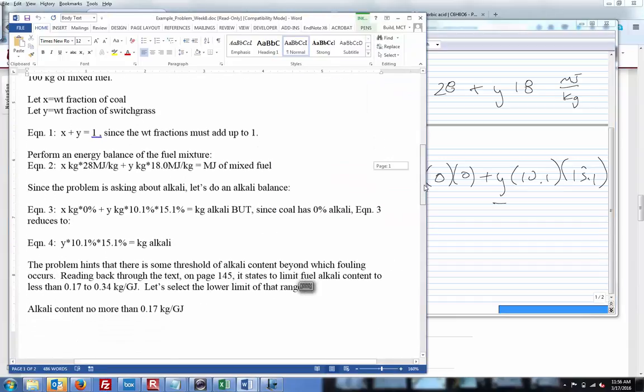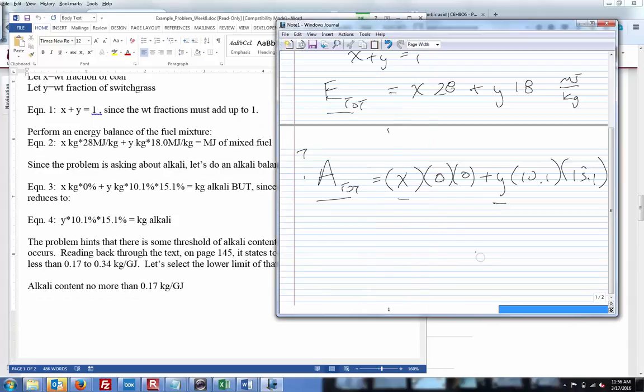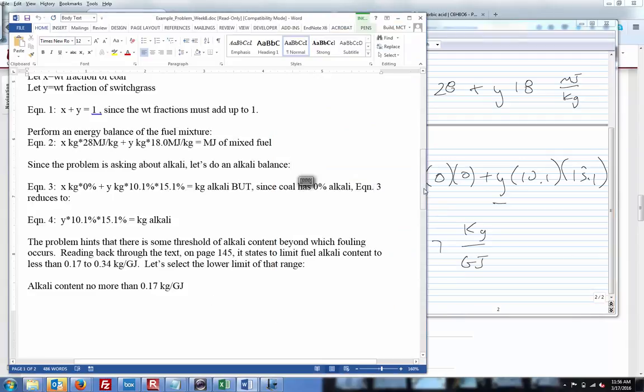Okay, and for the fouling, A has to be less than 0.17 kilograms per gigajoule. Fine.